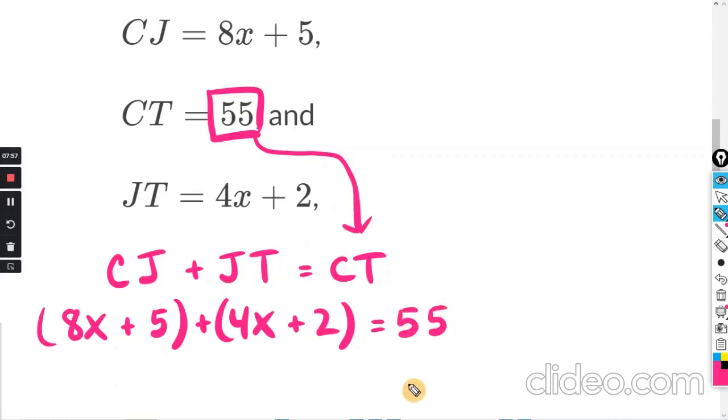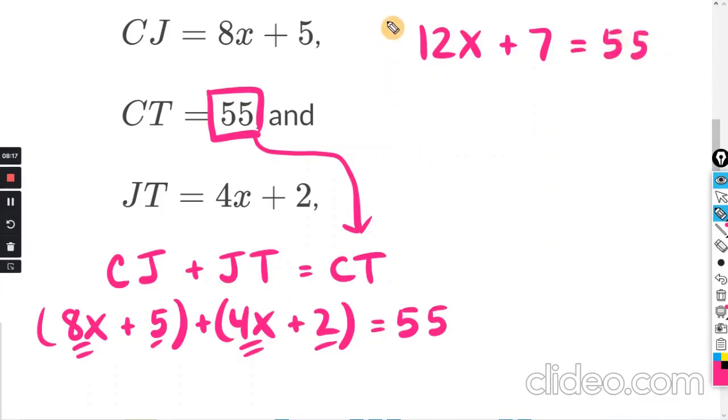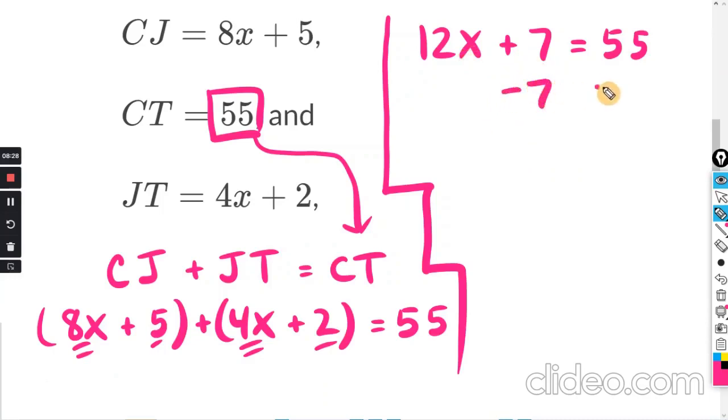All right, and now once again, we can combine like terms. 8x plus 4x gives us 12x. And positive 5 plus positive 2 gives us 7. And that equals 55. We want variables or letters on one side and numbers on the other. So the opposite of positive 7 is negative 7.